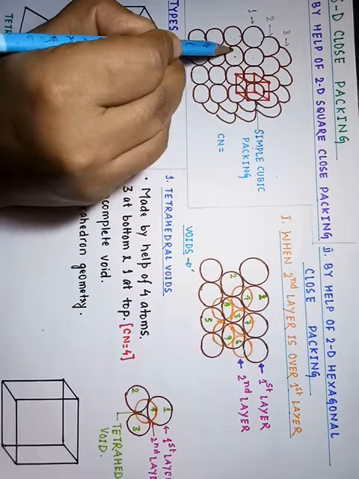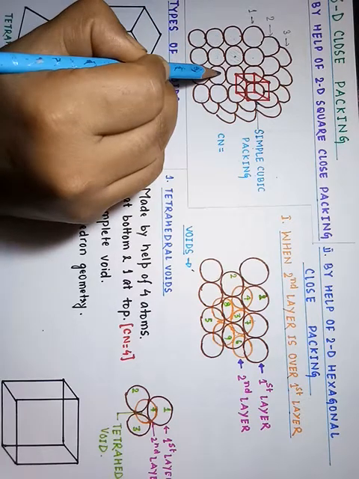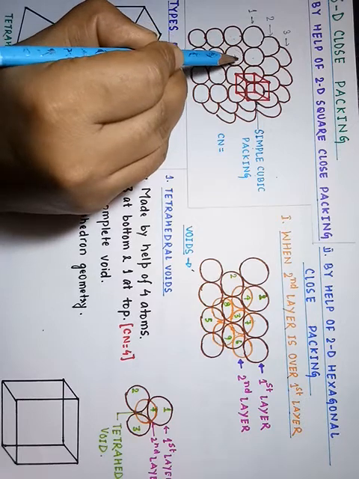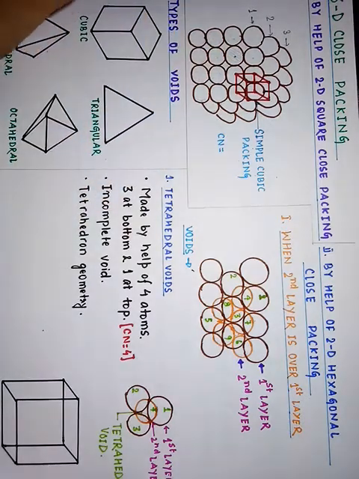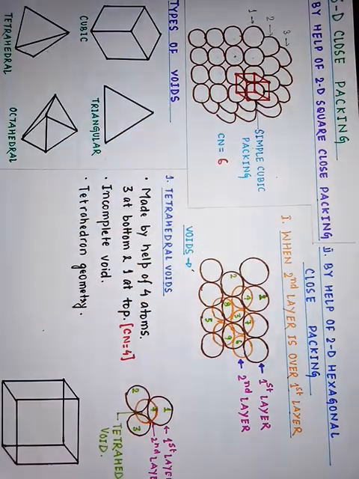So this atom is in contact with 4 atoms, 1, 2, 3, 4 atoms in its own plane, 1 atom above the plane and 1 atom below the plane, which makes a coordination number of 6.